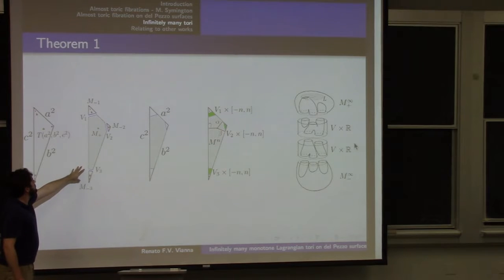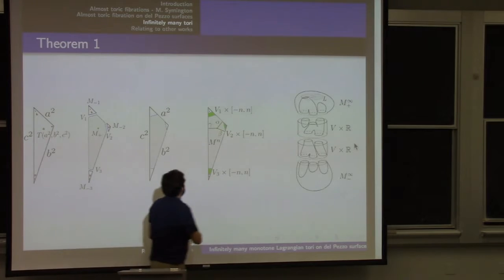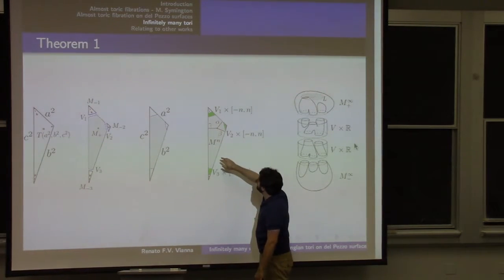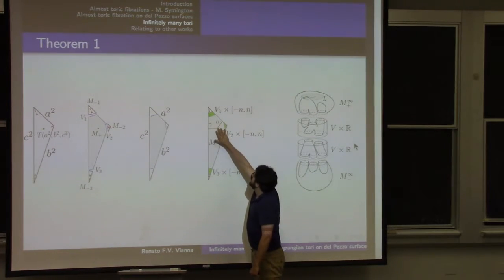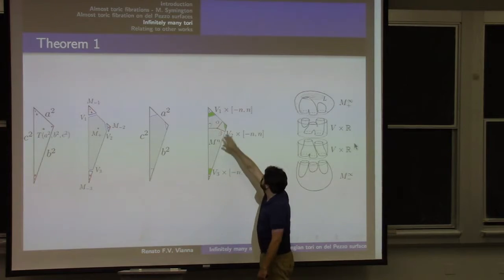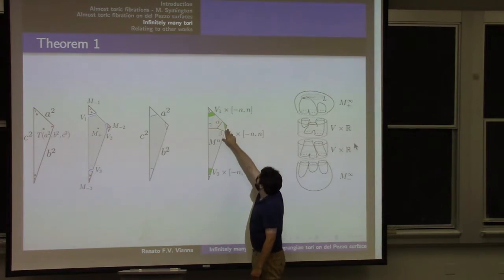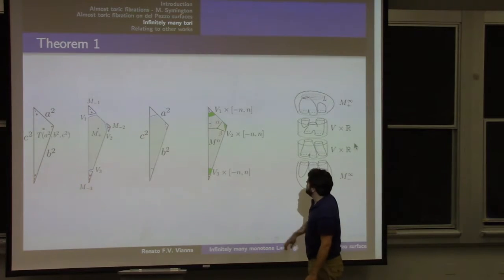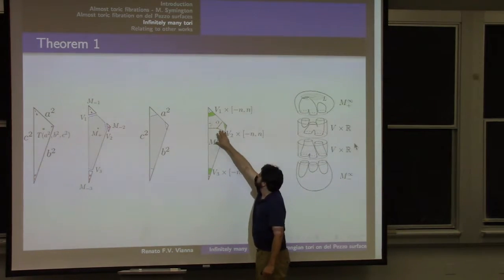Then the next step is a stretching procedure. Look at any holomorphic disk that has boundary on this torus, and then you can stretch the neck along these lens spaces.